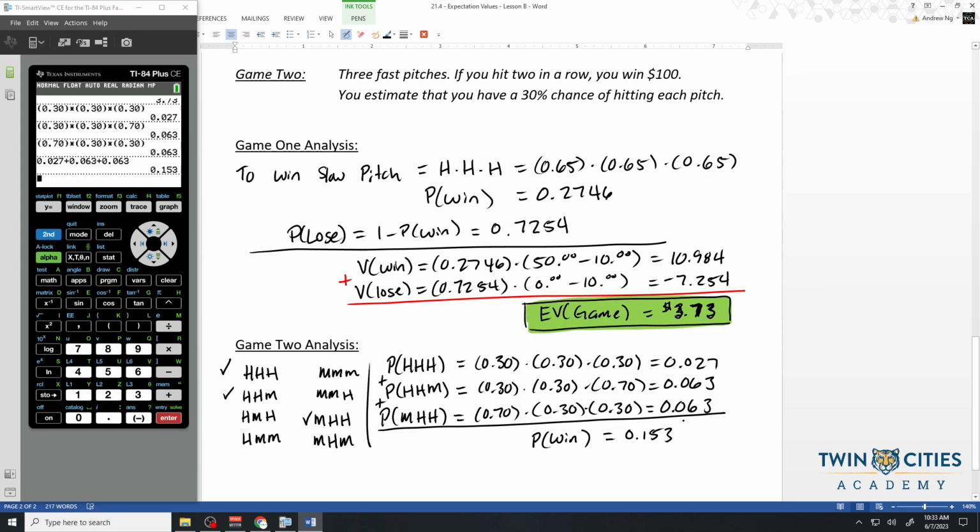The probability of getting a win is 0.153. Now, just like I did up here, the probability of losing is going to be 1 minus the probability of winning, since winning and losing are complements of each other. So 1 minus 0.153 is 0.847.